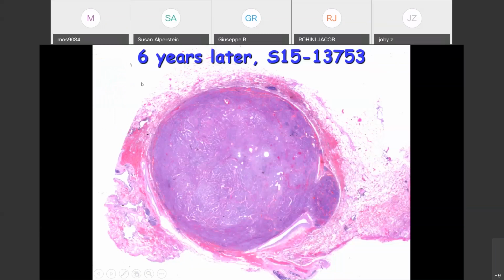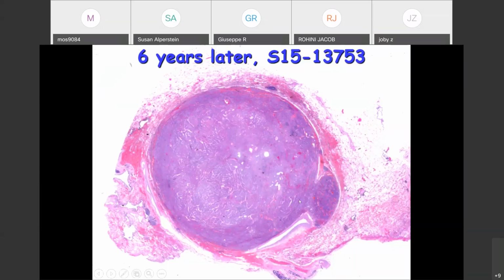Here's the thing. The patient never had a follow-up. And then one day, a colleague told me, Dr. Yan, 6 years ago you diagnosed sclerosing pneumocytoma, and it came out finally.